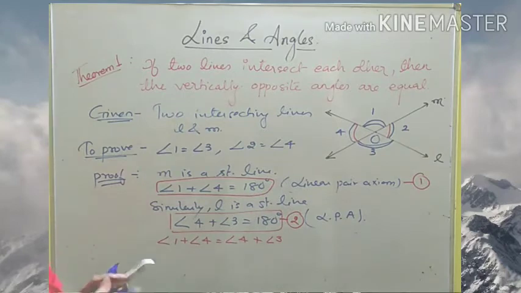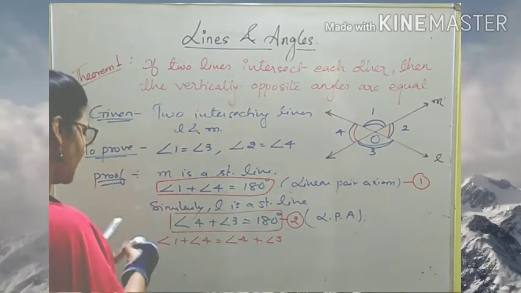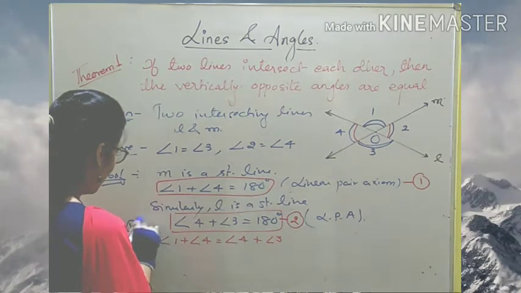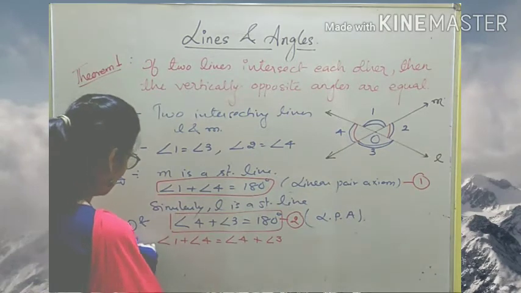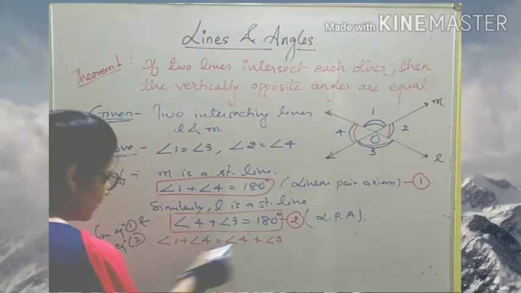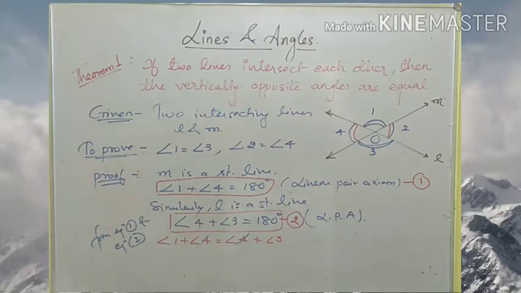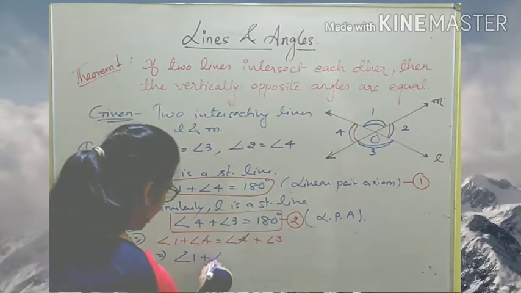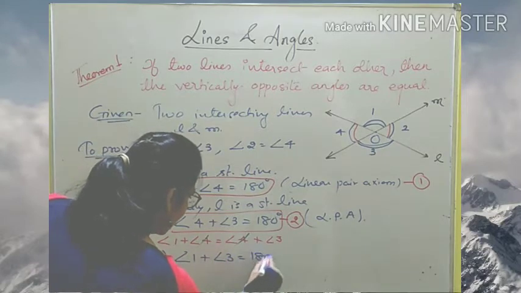This we can write from 1 and 2. कहाँ से हम लेके आ रहे हैं? From equation 1 and equation 2. We are writing angle 1 plus 4 is equal to 4 plus angle 3. But angle 4 and angle 4 are equal, तो ये दोनों cancel हो जाएंगे. So what we will get? This implies angle 1 plus angle 3 is equal to 180.